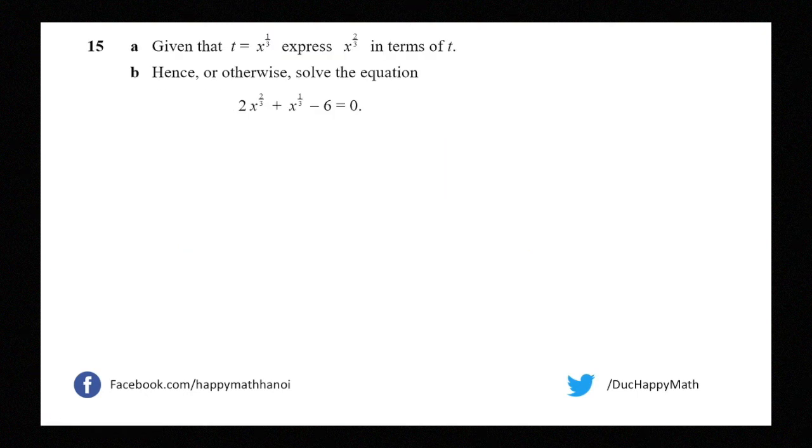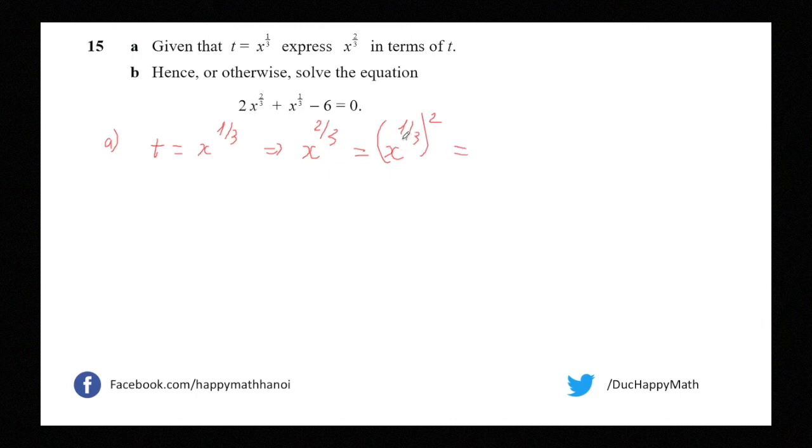In this case, given that, express the x to... okay, so in question A you have t equal to x power 1 over 3. So when you want to get x power 2 over 3, it means x power 1 over 3 inside the bracket, and outside you have a square.